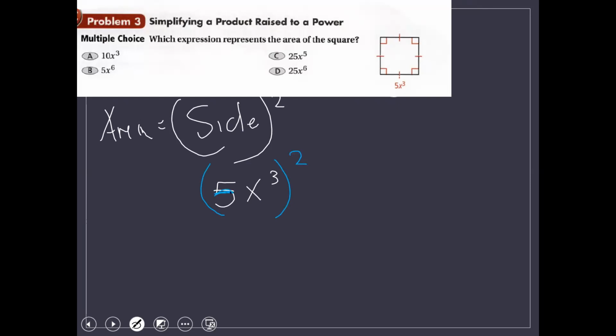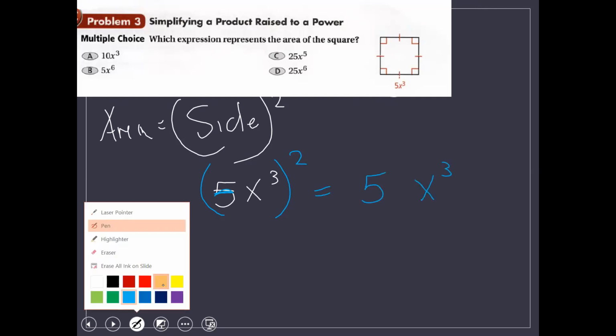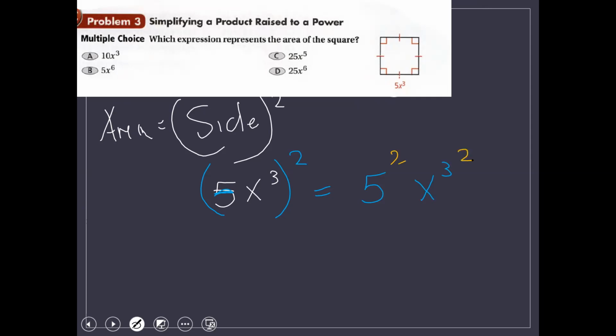What does this remind me of? This 5x cubed raised to 2 reminds me of how we can have a product that's raised to a power. So now I can say it is 5x cubed and this squared. I will distribute the 2 here and here. Then 5 squared is 25. Is it 10? No, it is 5 times 5, not 5 times 2.